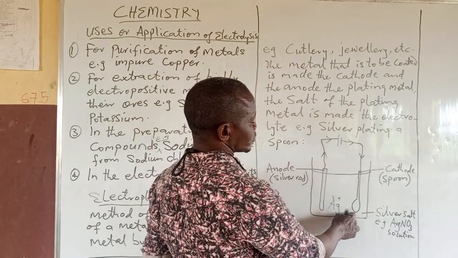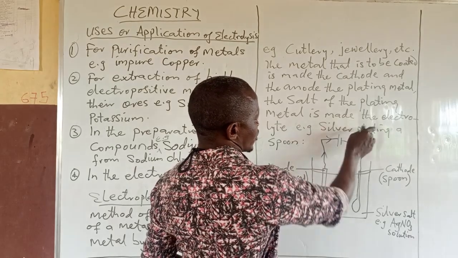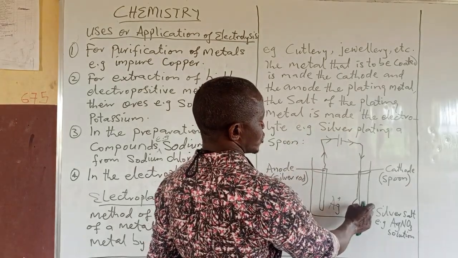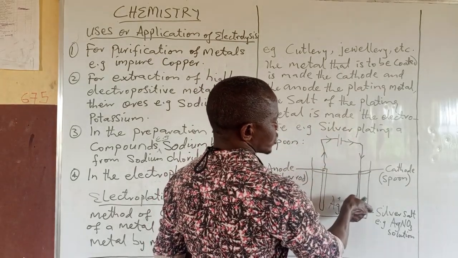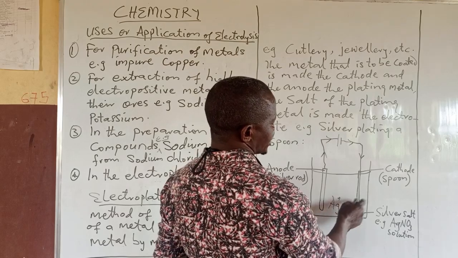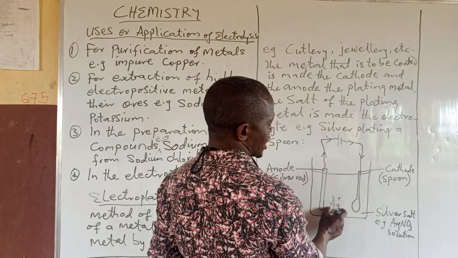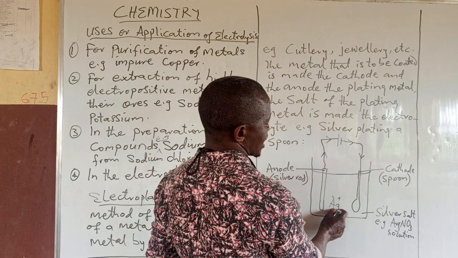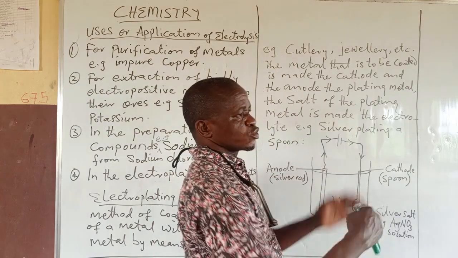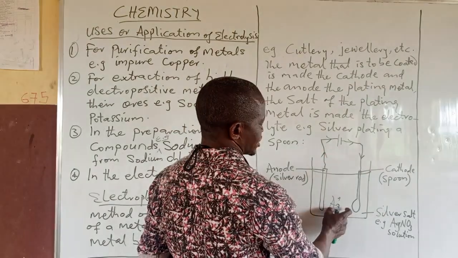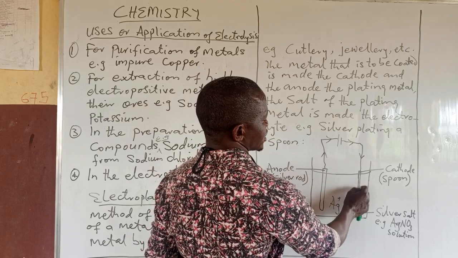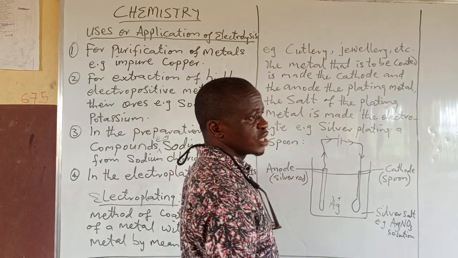This one will move. If one is ionizing, one is moving out to collect the electrons that are flowing down. When they collect electron, they will now deposit itself, because it is a metal, it's not a gas. A gas will bubble out, but now that it is a metal, it will deposit itself on the surface of this spoon.